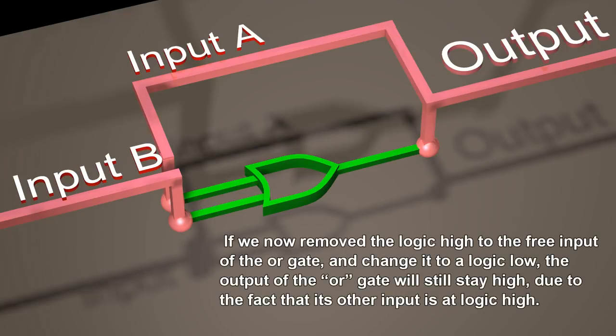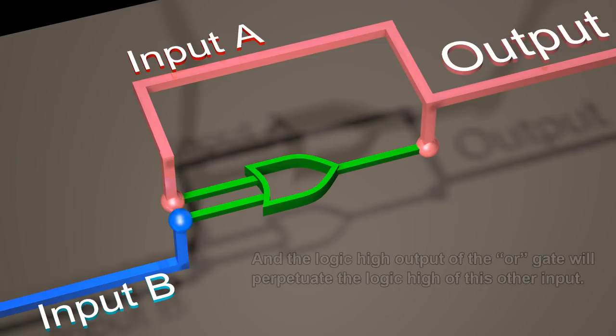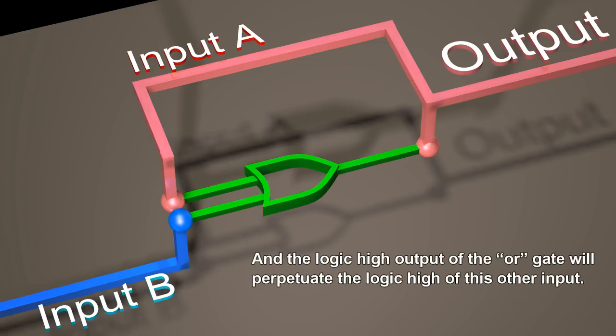If we now removed the logic high to the free input of the OR gate and change it to a logic low, the output of the OR gate will stay high due to the fact that its other input is at logic high. And the logic high output of the OR gate will perpetuate the logic high of this other input.